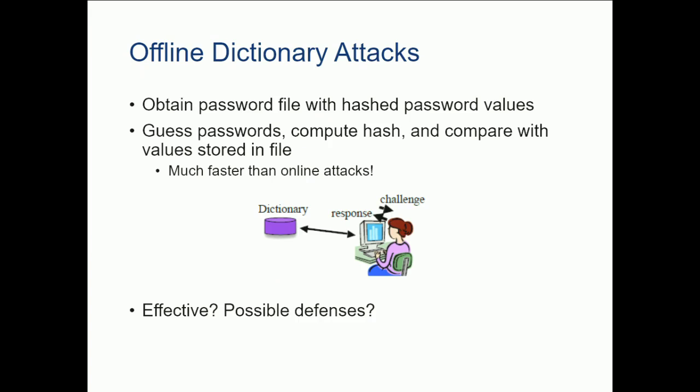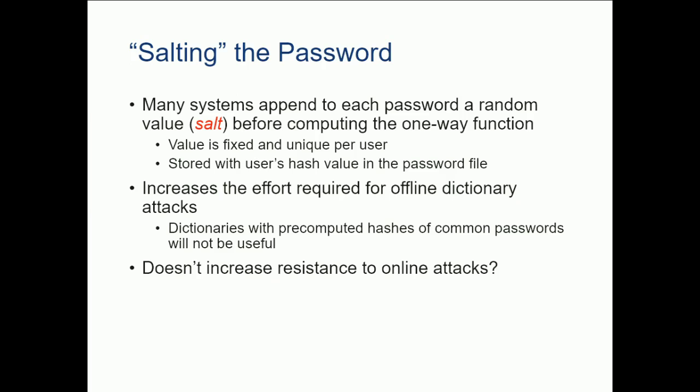That's why a common defense is that, instead of directly storing the hash of the original password, we will append a salt to the password, and then we store the hash of the concatenation of the salt and the password.